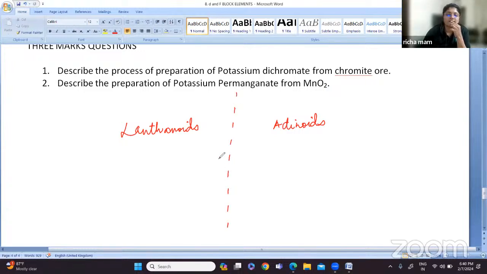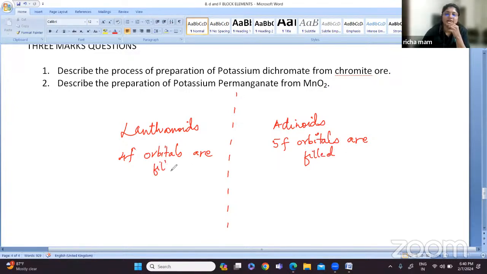In lanthanoids, 4f orbitals are progressively filled. In actinoids, 5f orbitals are progressively filled. So this is the first point.